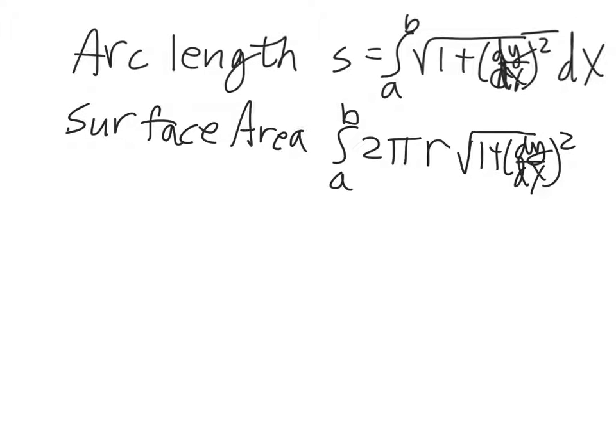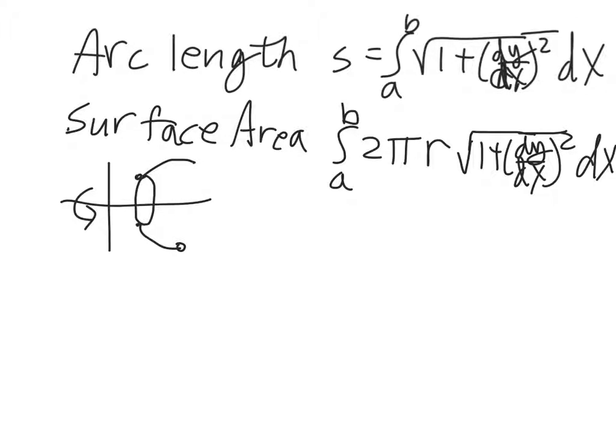But ds we can represent this way. R in terms of x, so R will be just x? No, in this case, where we're revolving about the x-axis, R is y, which would be the actual function.